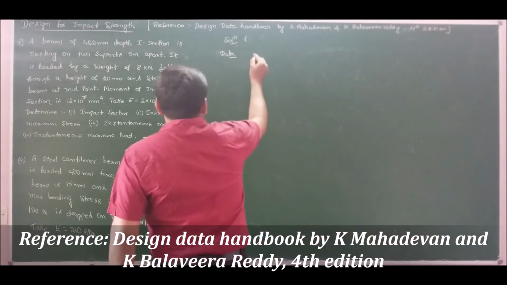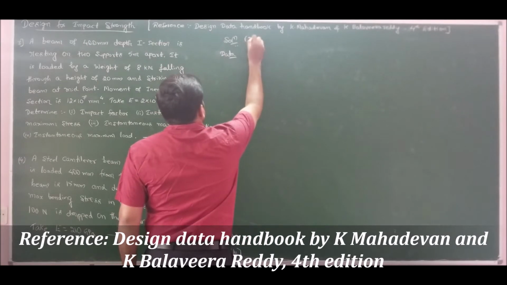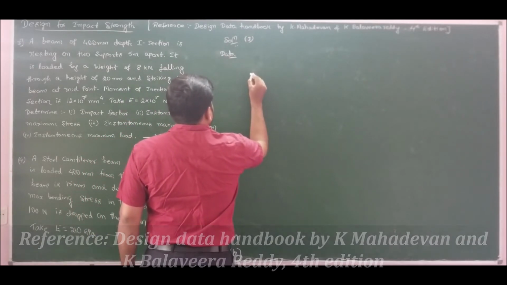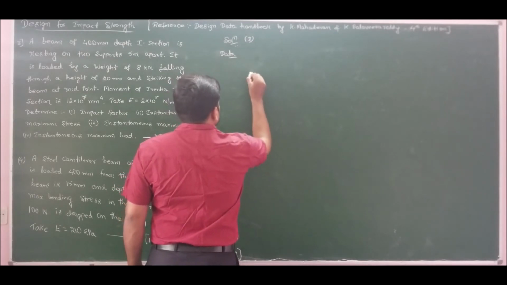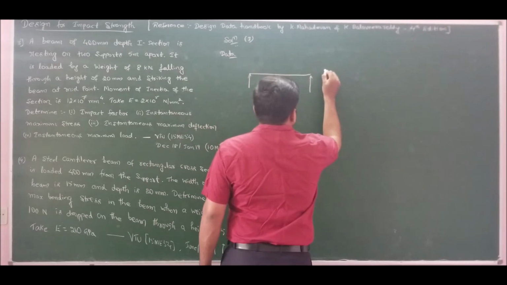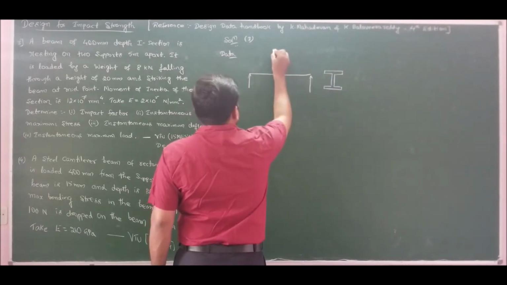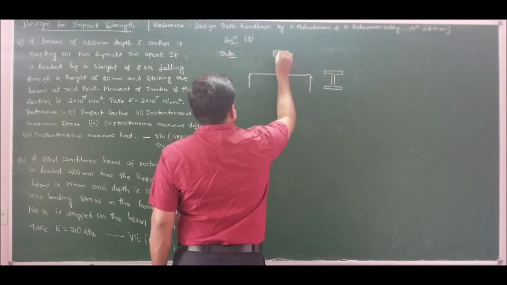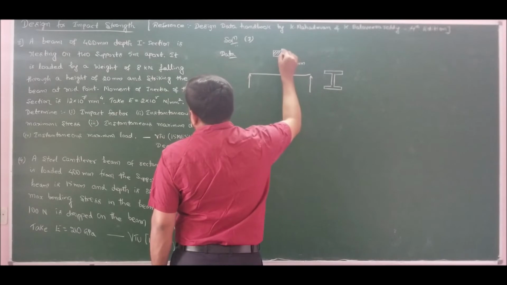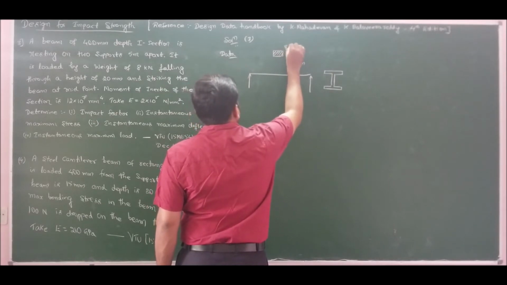Let us solve the problem. If I list out the data given, we have a simply supported beam for problem number 3 whose cross section is I section, to which there is a load W falling from a height of 20 millimeters. The magnitude of the load is 8 kilonewtons.